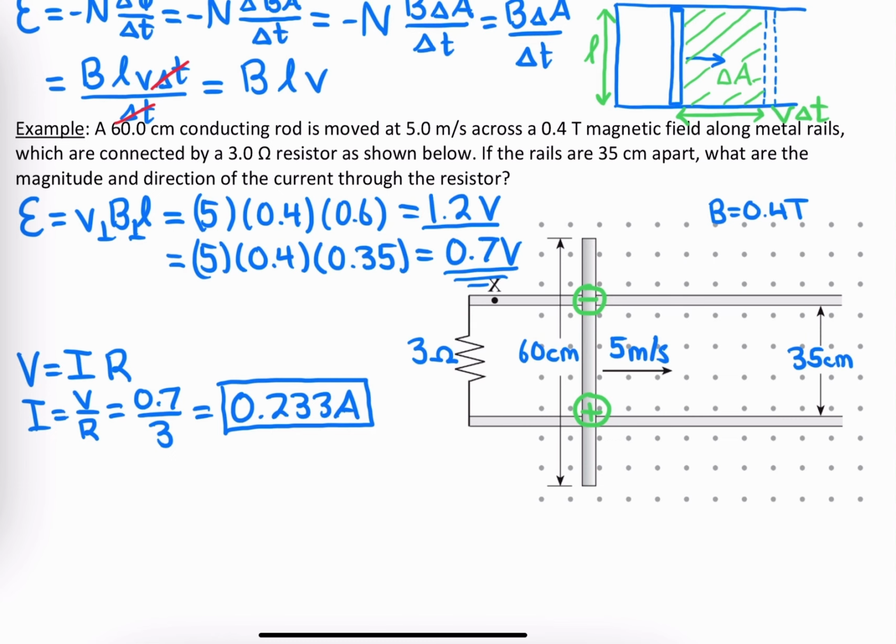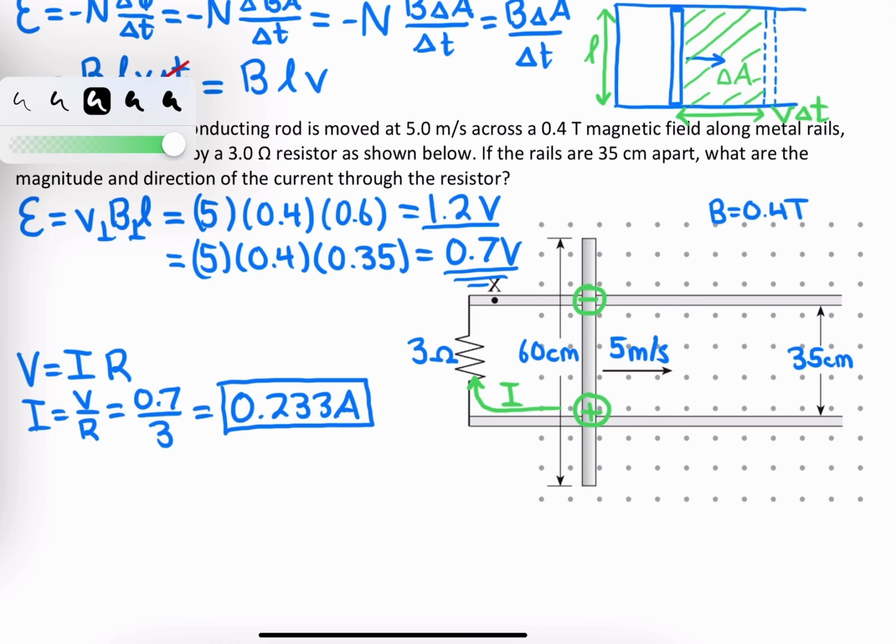And we can remember that current always leaves the positive terminal of a power supply. So current would head from the positive terminal this way, out around the circuit in that direction, and then come back to the negative terminal. So current is going clockwise, or up through the resistor.